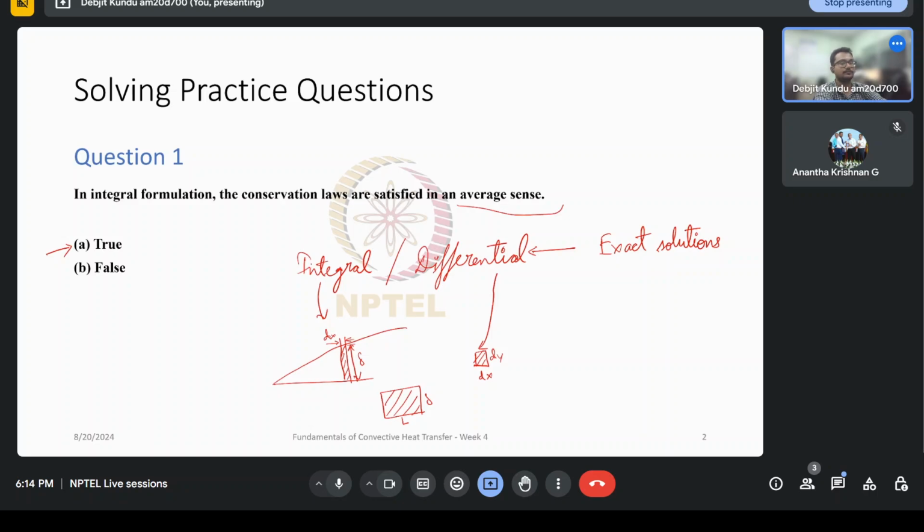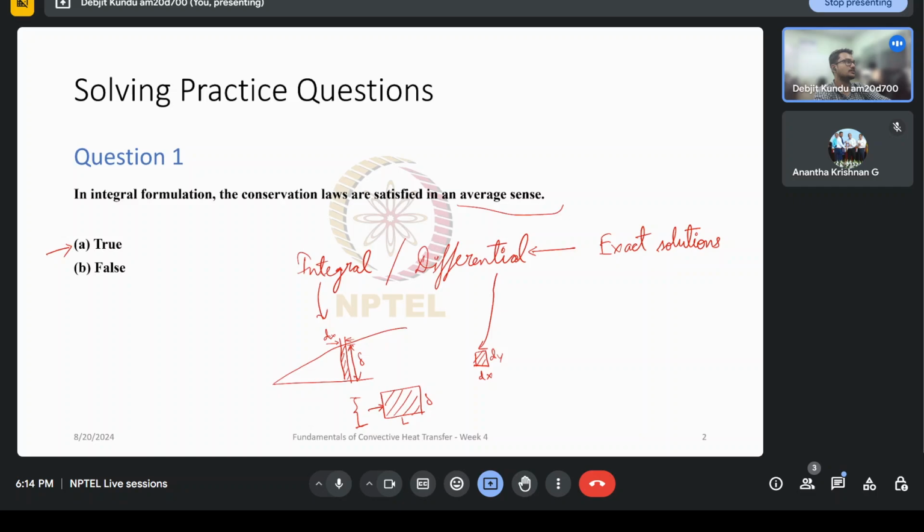But in an integral approach, we don't get the distribution of different physical quantities, but rather we can get flux through, let's say, this whole surface. We don't know the distribution throughout this surface, but we know what is the total amount that goes in and goes out. That sort of an idea we can get through the integral approach.